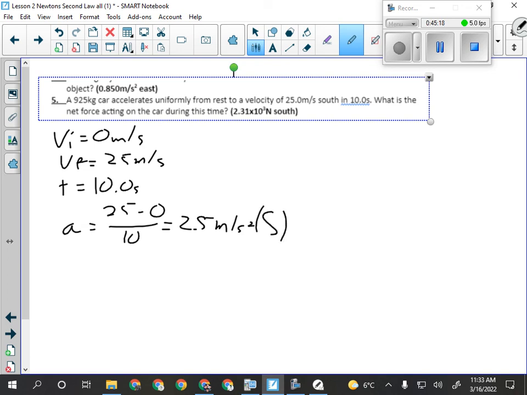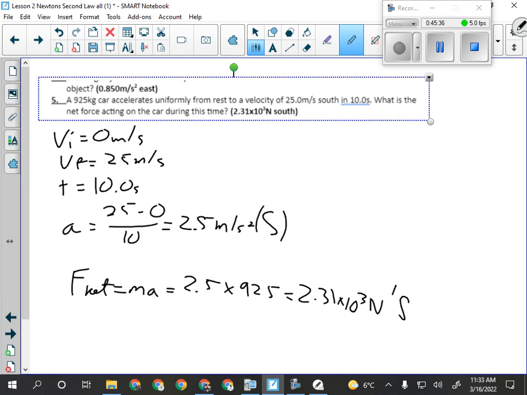And then I have the mass here, and all I have to do is go F net equals m times a, 2.5 times the 925, and I get 2,310, or 2.31 times 10 to the 3 newtons south. Everybody all right with that?